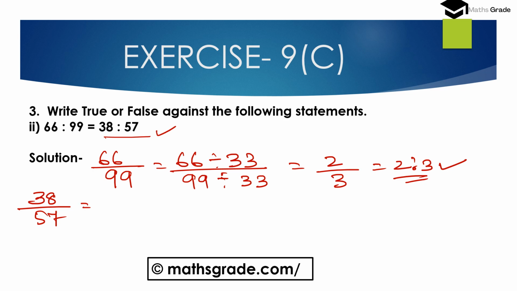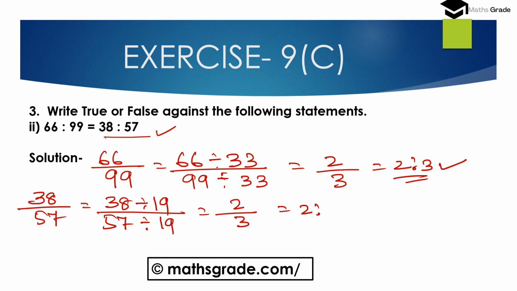Now 38 is to 57 is 38 divided by 57. And between 38 and 57, 19 is the common ratio. So divide the antecedent 38 with 19 and the consequent 57 with 19. 38 divided by 19 is 2, and 57 divided by 19 is 3.